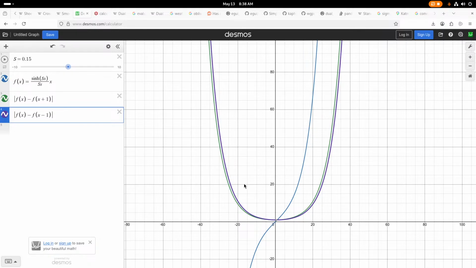So, I guess, what is this? sinh(sx) minus sinh(s(x plus 1)), divided by... Oh, wait. Actually, I can't just ignore the x, can I?